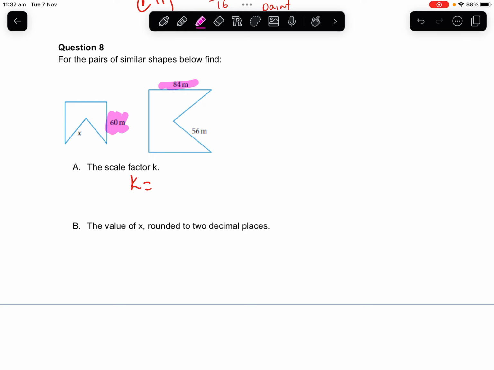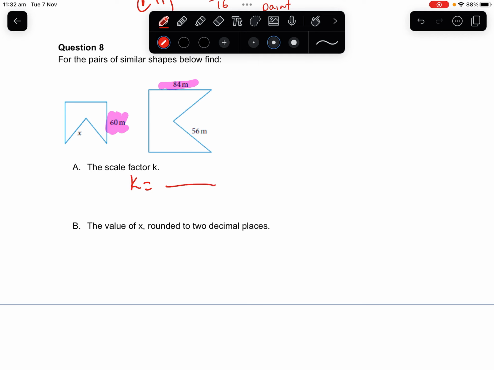So 60 is basically the same side as 84 in this second shape here. So 84 divided by 60, that's what K is equal to. And 84 divided by 60 is 1.4. And that's it. 1.4 is the scale factor.